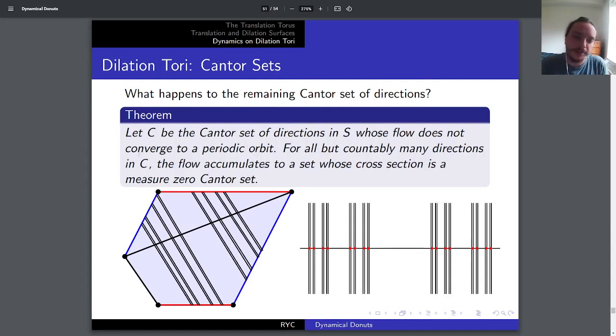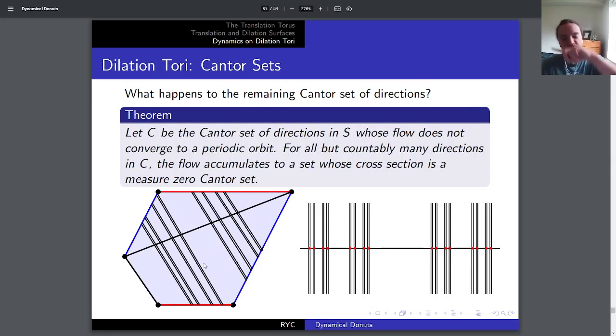So let's talk about the theorem. The theorem says that if you take a direction in the Cantor set of all directions that do not converge to a periodic orbit, then, except for in a couple exception cases, that flow in that direction is going to accumulate to a set whose cross-section is a measure 0 Cantor set. So what do I mean by that?